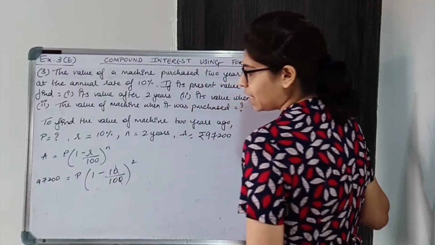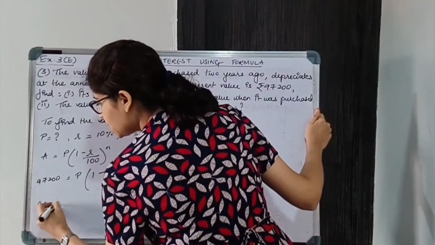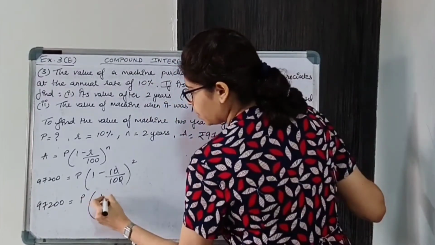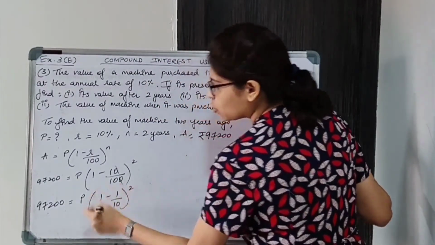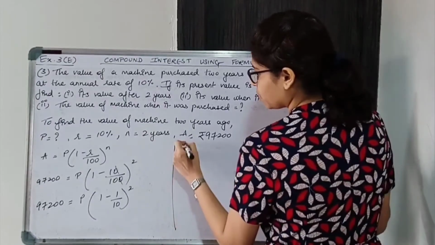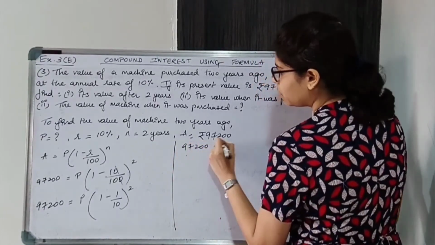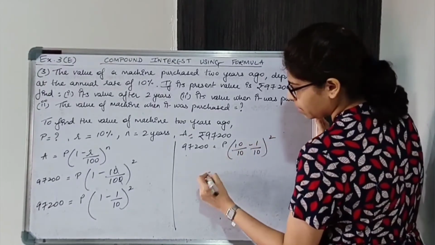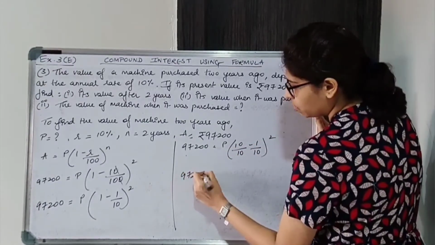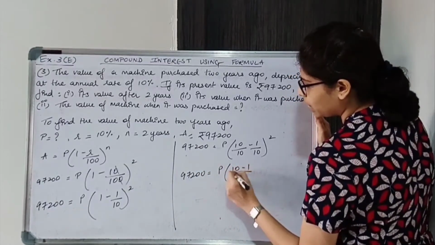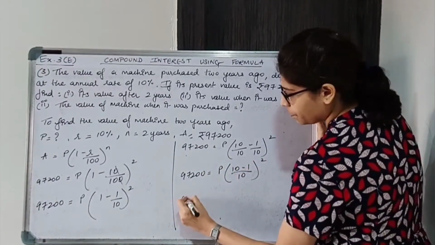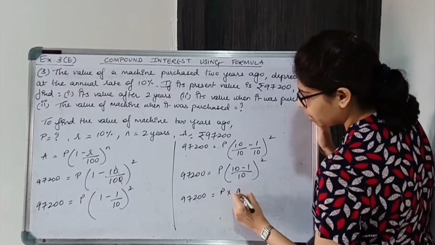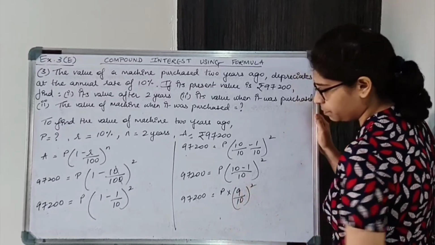So 0 gets cancelled over here. 97200 is equal to P into 1 minus 1 upon 10 raised to 2. We'll solve the bracket first. So 97200 is equal to P into 10 upon 10 minus 1 upon 10 raised to 2, which is P into 10 minus 1 upon 10 raised to 2, which is P into 9 upon 10 raised to 2.